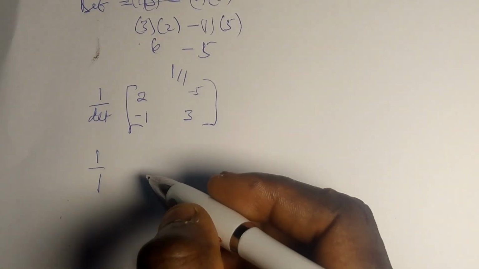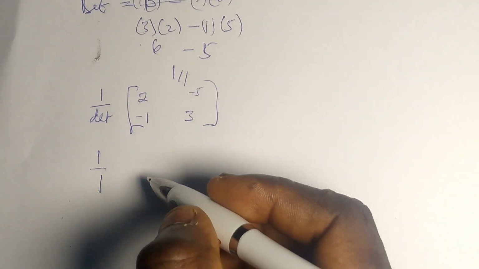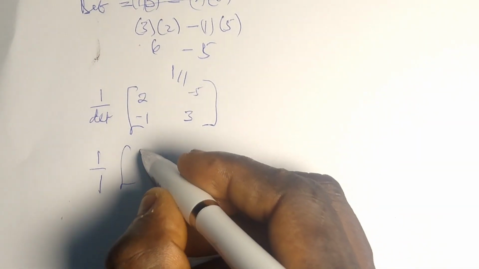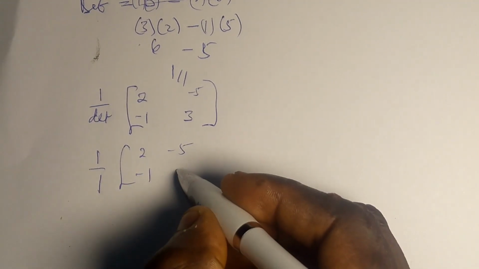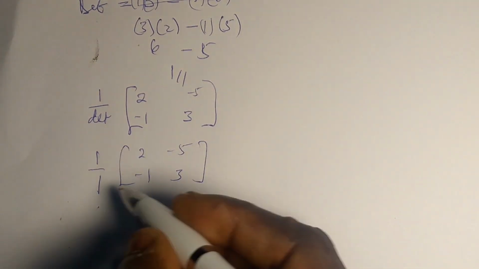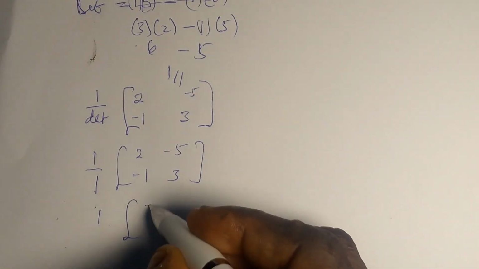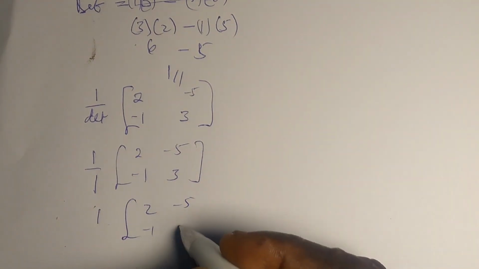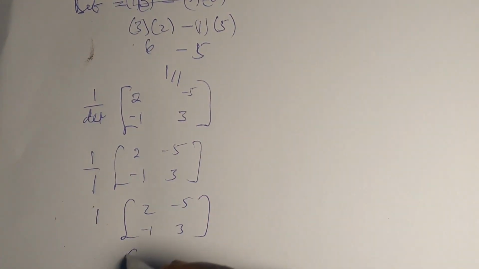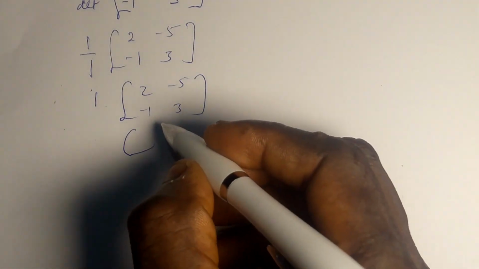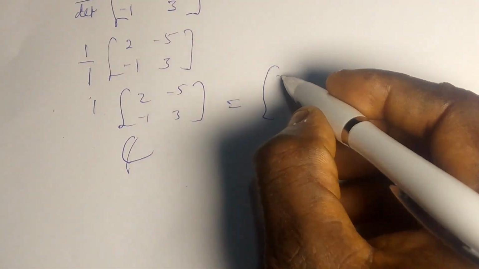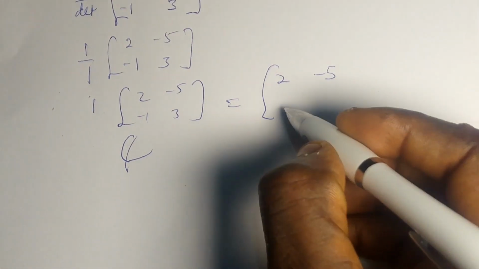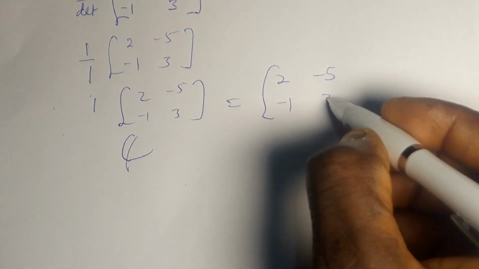After getting that, times 2, -5, -1, and then 3. So 1 over 1 is 1, and then 2, -5, -1, 3. So our final answer is 2, -5, -1, and then 3.